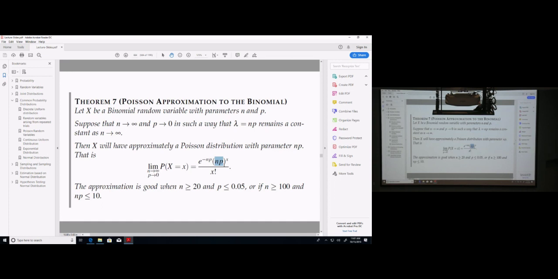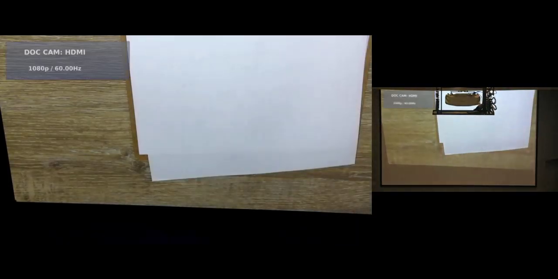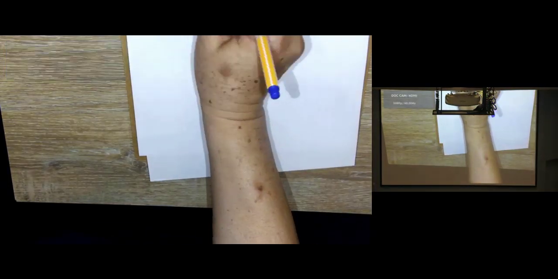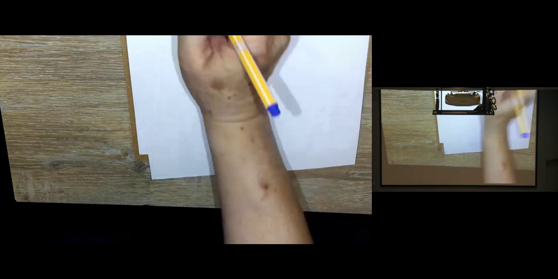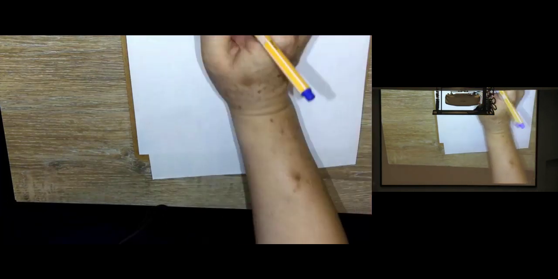Now the thinking behind this is very similar to this. You have a fixed time interval, say 0 to t. First you break it into n equal intervals.